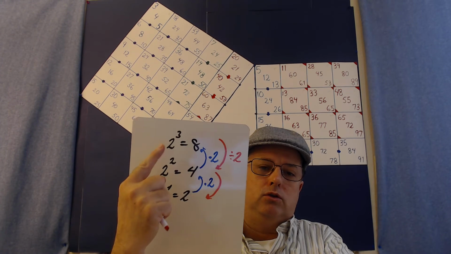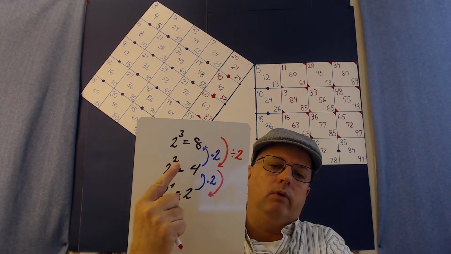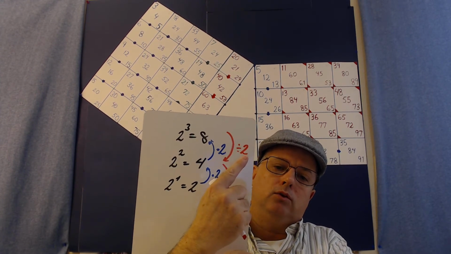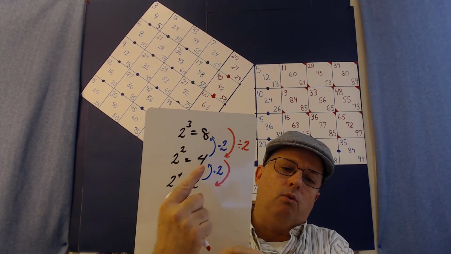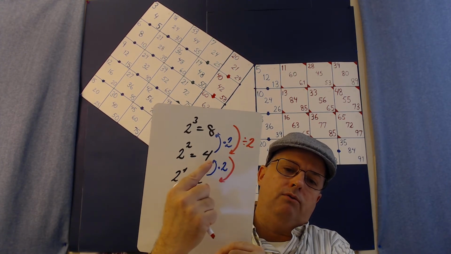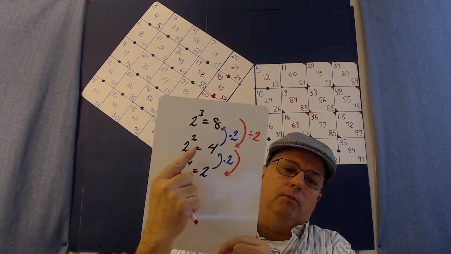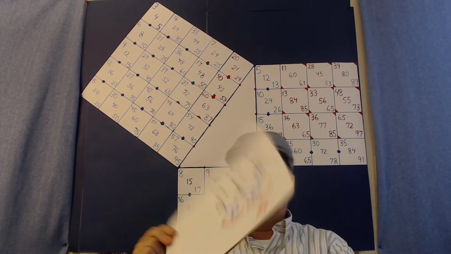They're involved in multiplication and division. So 2 to the third is 8, and we want 1 less 2. We want 2 2's rather than 3 2's. And so we divide by 2. We take a 2 away. 8 divided by 2 is 4. And now here we have 2 2's giving us 4. We don't want 2 2's. We just want 1 2. So we're going to divide out a 2.